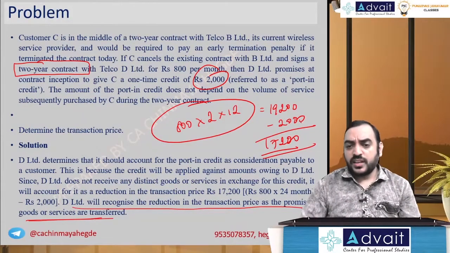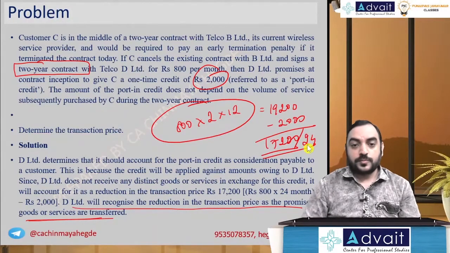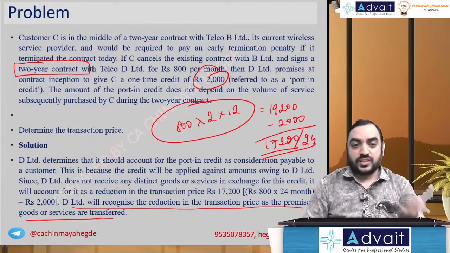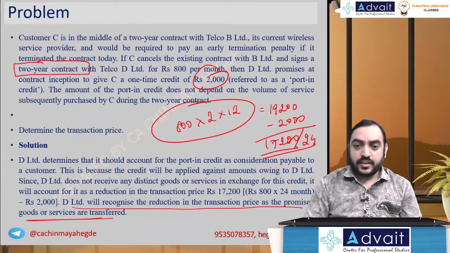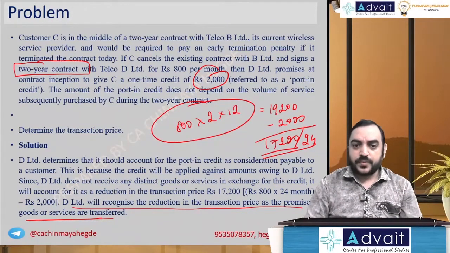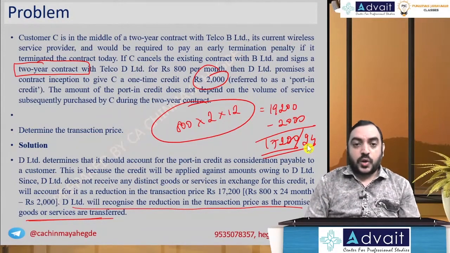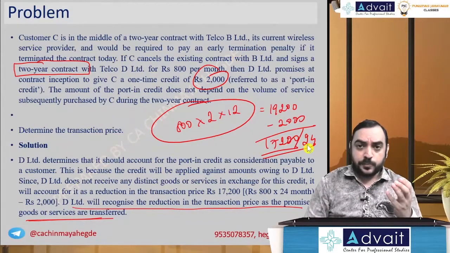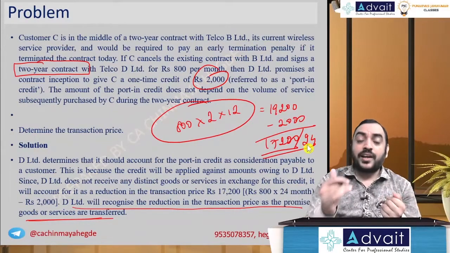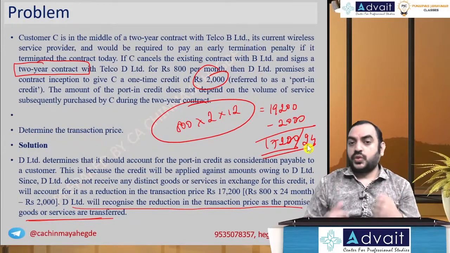So per month, 17,200 divided by 24 is 716. Basically, this 2000 is spread across 24 months, 83.33, so 800 minus 83.33 gives you 716 something. Same number you get. So basically, this one-time credit given is consideration payable to a customer, spread across 24 months and subtracted from revenue. I hope you got the point.